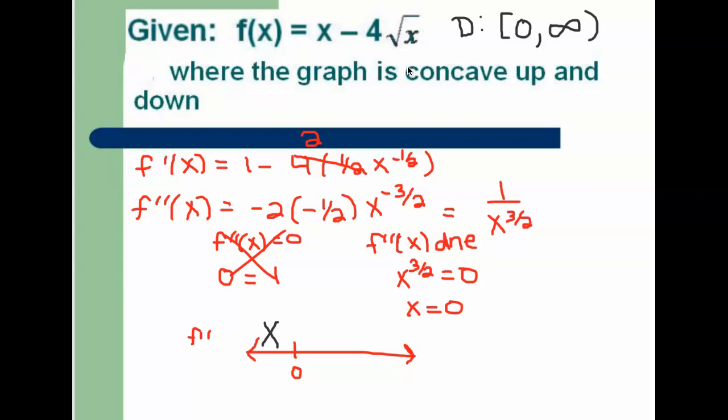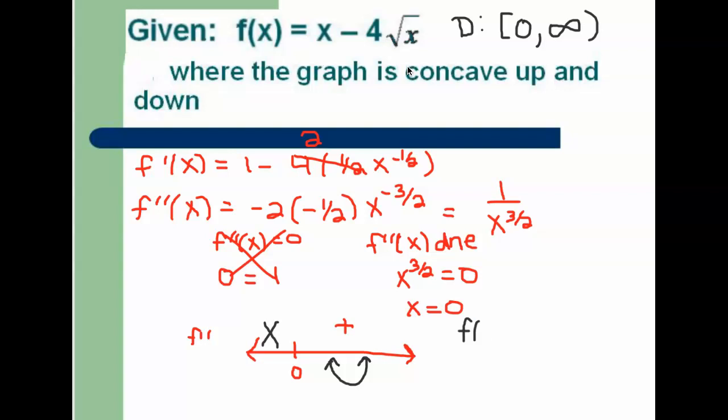So let's plug in something bigger than 0, maybe 1. If I plug 1 into that second derivative, I get 1 over 1 to the 3/2, which is 1 over 1, which is 1. 1 is positive, which tells me that this derivative is always positive, which means the original is always concave up.